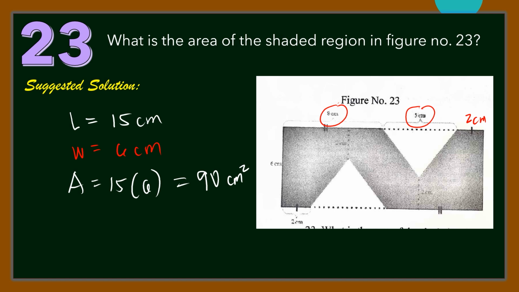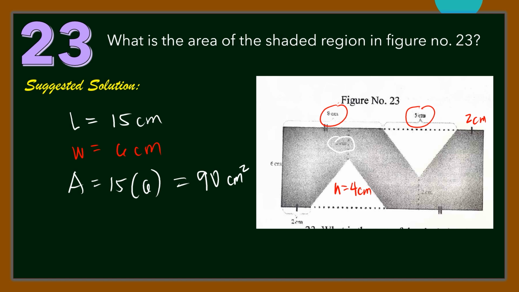But we are only looking for the area of the shaded region. We have 2 triangles of the same base and the same height. If the rectangle has a width of 6 centimeters and we have 2 centimeters on the figure, then the height of the triangle is equal to 4 centimeters. Also, the base is 5 centimeters, then this forms a parallelogram with height 4 centimeters and base 5 centimeters.